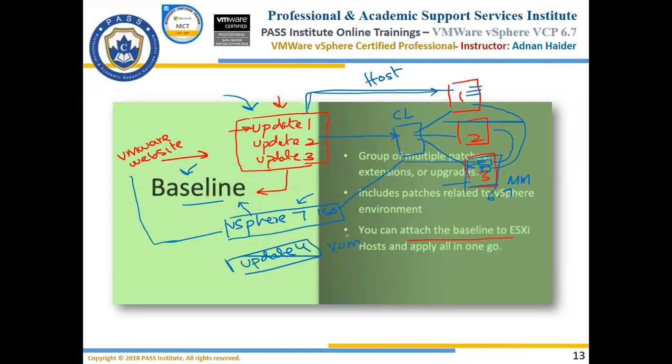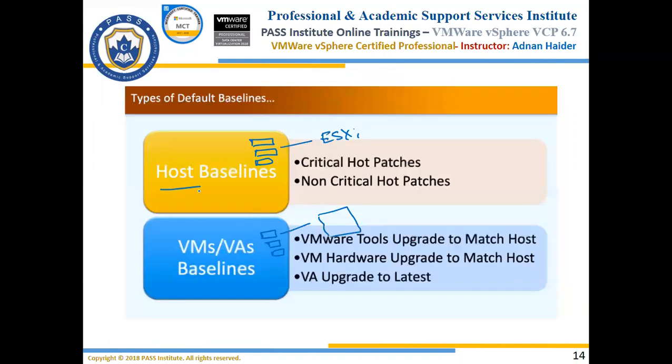This is not a host update. In that case, this will be a VM baseline. And the baseline that is created for the ESXi host will be known as host baseline. This is what is mentioned in the other slide. Host baseline is for the host, and VM baseline is created for VMs.